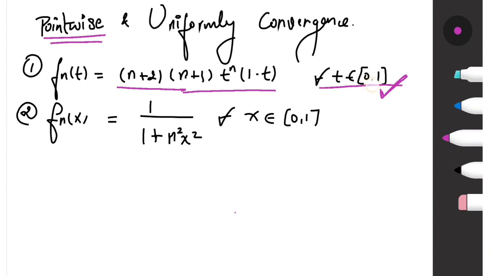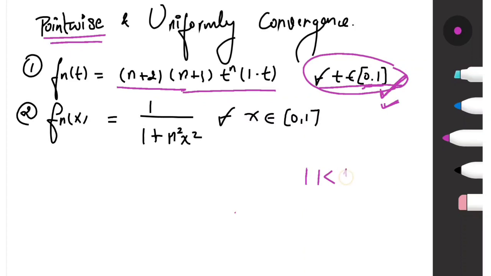For t between 0 and 1, the magnitude of all the points in this interval will be less than 1, as the interval is from 0 to 1.